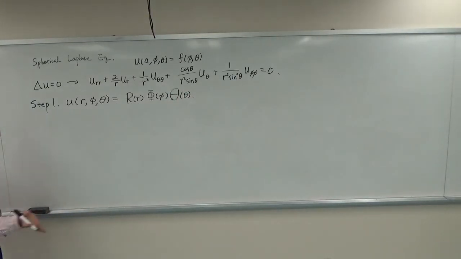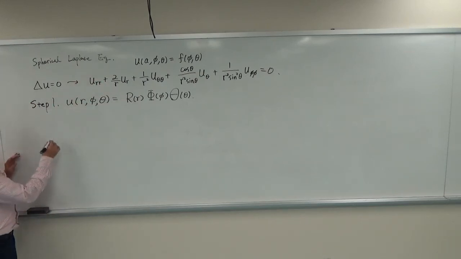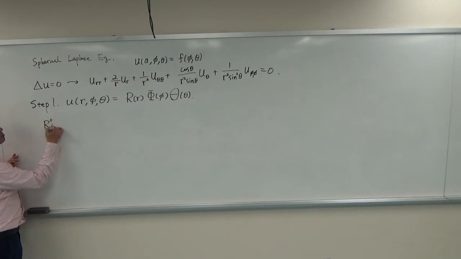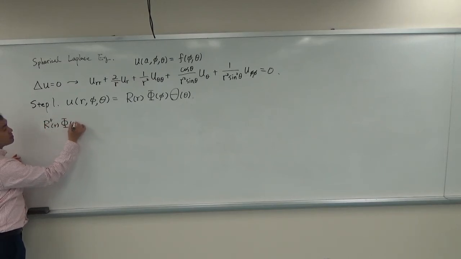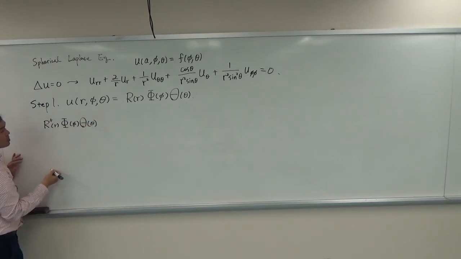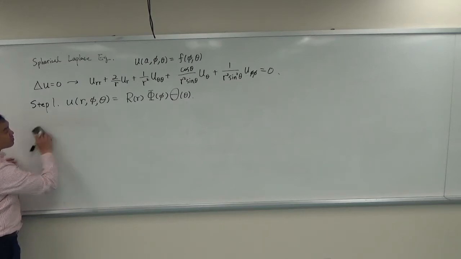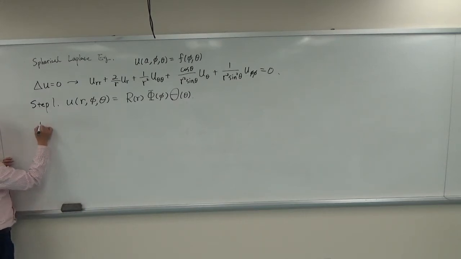Okay, and then you plug this into this gigantic equation, and you get R double prime of r, Phi of phi, Theta of theta. You know what? It's just so much writing that let me just not write down the variables for now. So I'll just write R double prime Phi Theta. Is that okay?